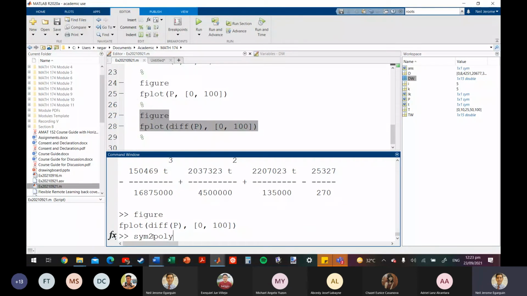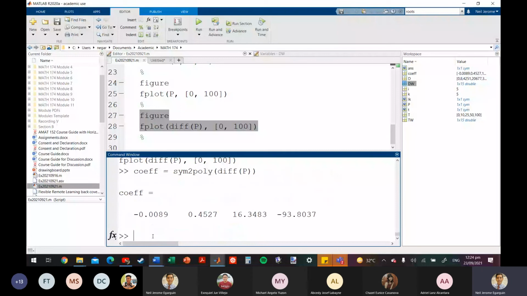So, ipapasok ko kay sym2poly yung derivative ni p para ma-harvest ano yung coefficients nung derivative ni p. And then, i-store ko siya sa variable coef. So, coef equals sym2poly diff p will give us a vector comprising of the coefficients of the derivative of p. Hit enter, like this.